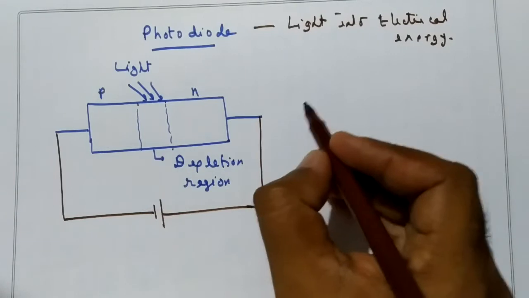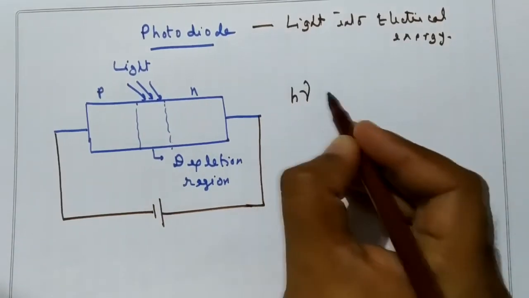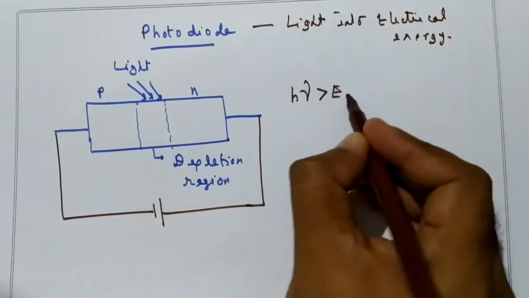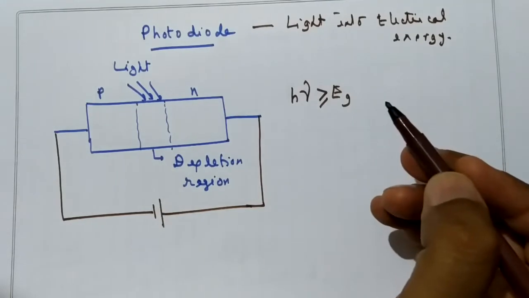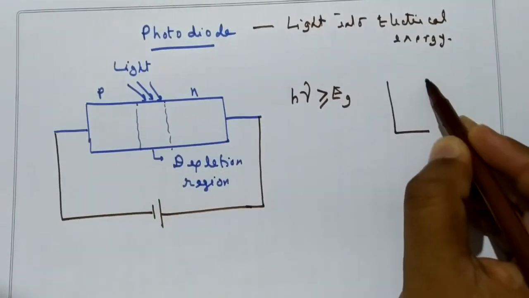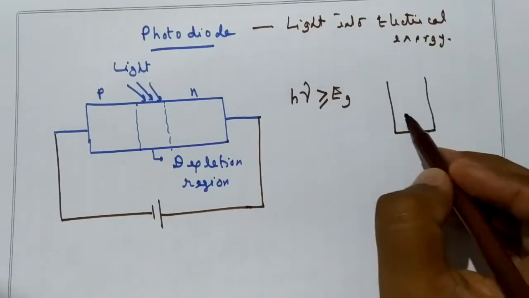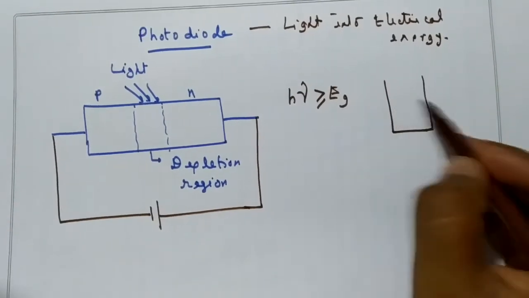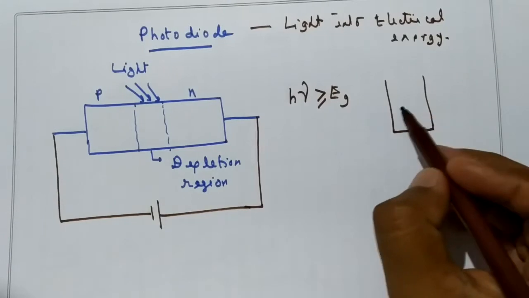If the energy of the light, that is h nu, is more than or equal to the forbidden energy gap, then only this will function. Why? Because if we explain using the energy level diagram, I'll take only one diagram here.